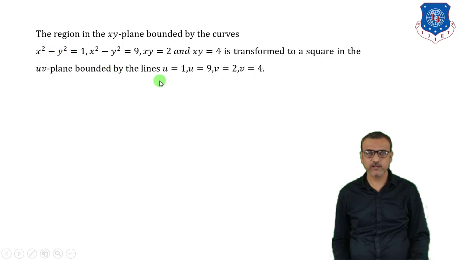So this becomes u equals 1, and for this one u equals 9, and xy equals v. So for this one we have v equals 2, and finally for this one v equals 4. So in the UV plane we will have these 4 lines: u varies from 1 to 9, and v varies from 2 to 4.